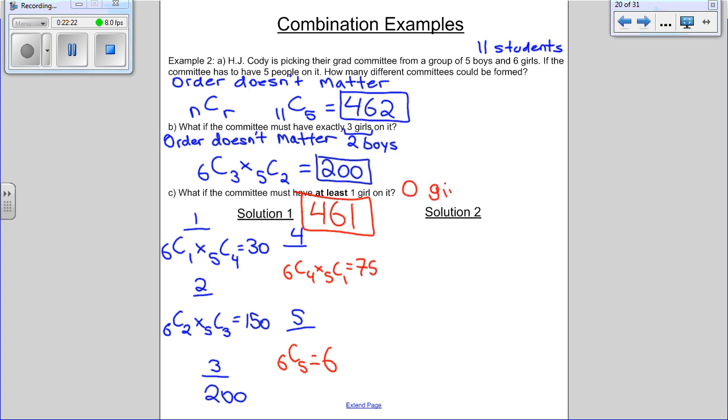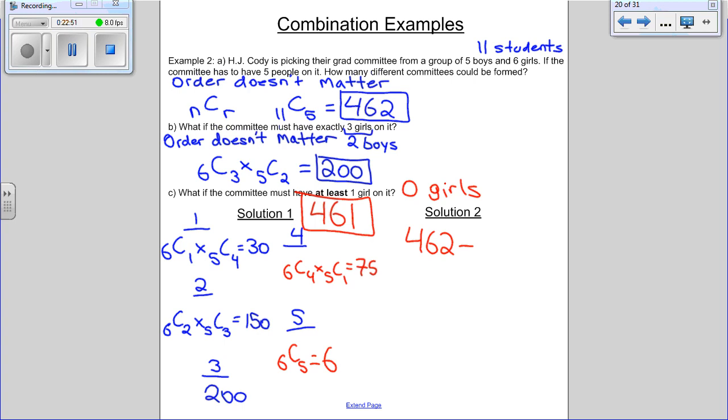So what I'm going to do is I'm going to take the total number of situations, which we already solved, 462, and I'm going to subtract the situations that are 0 girls, and that would leave me with all the other possibilities, which would be 1 girl, 2 girls, 3 girls, 4 girls, 5 girls. Now I only have to do 1 calculation versus 5.